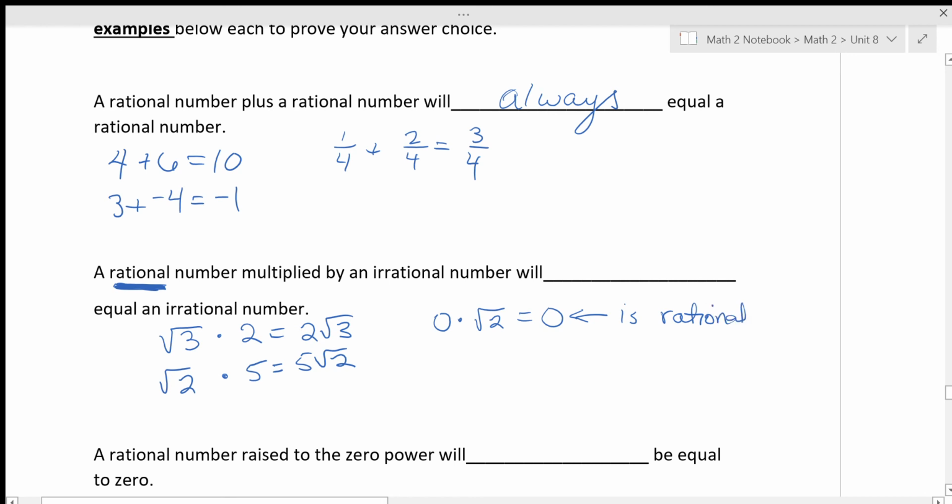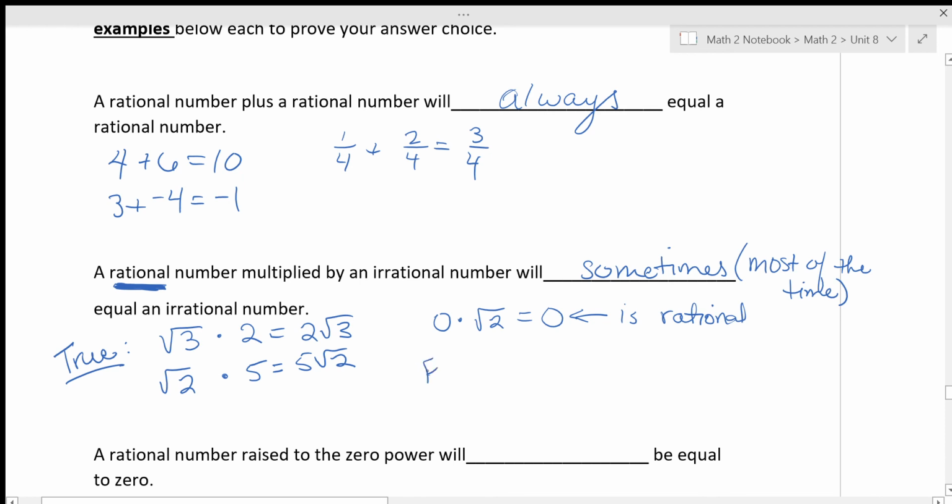So this answer is sometimes, most of the time, we could even say. Okay, because these are all examples of when it does happen, so this makes it true, but 0 is a counterexample.